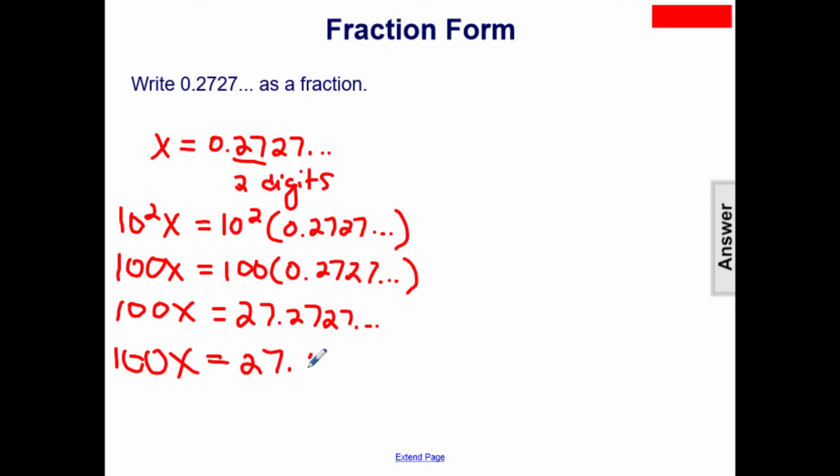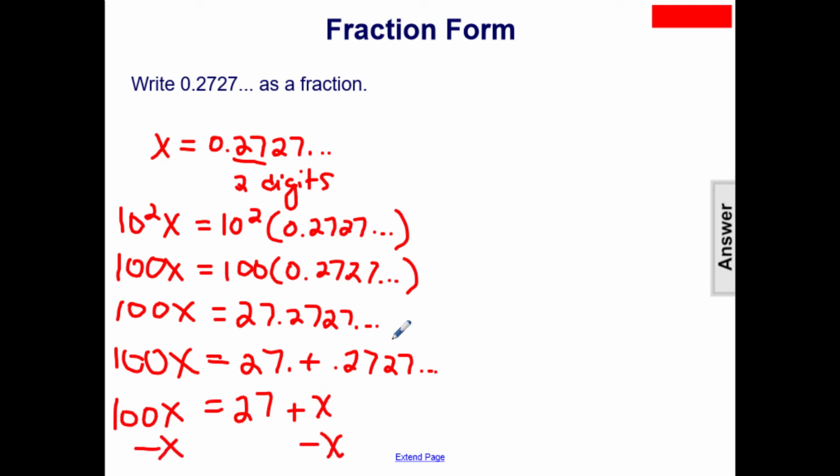We can then write it in partially expanded form, separating that repeating decimal. So it'll be 27 plus 0.2727 repeating. Replace that decimal with an x. So 27 plus x. Subtract the x, and 100 minus 1 would give us 99x equals 27.